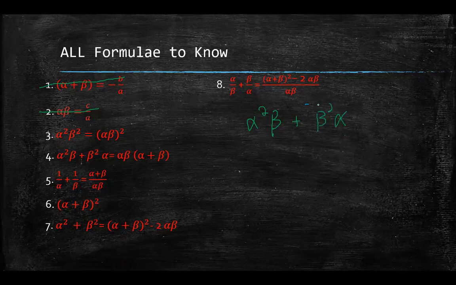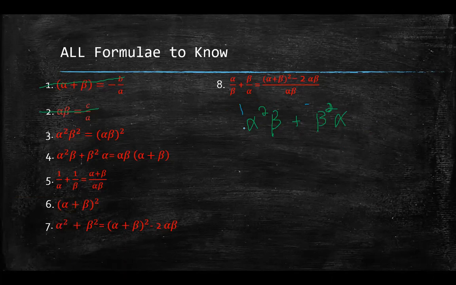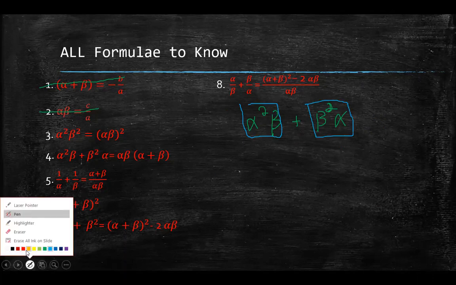Can anybody tell me what these two have in common? They both have a square. Be a little more specific: alpha has a square in one part of the equation and beta has a square in the next part.